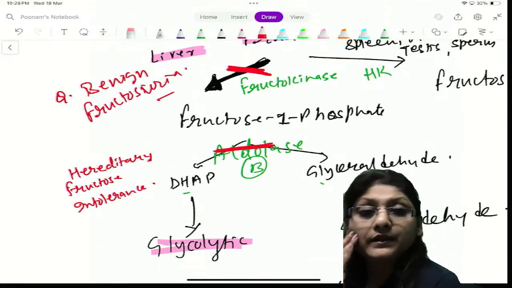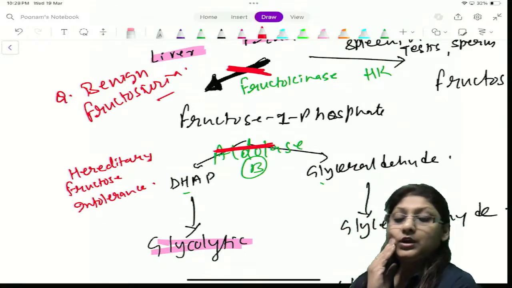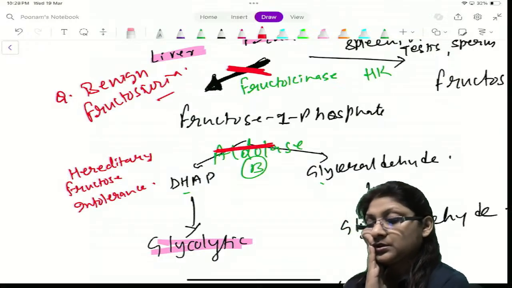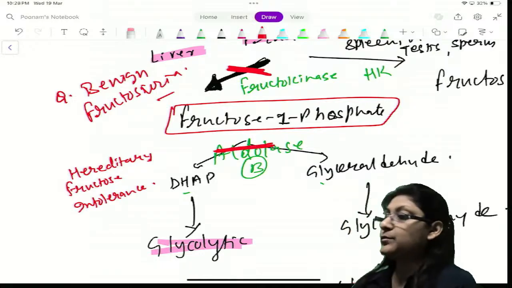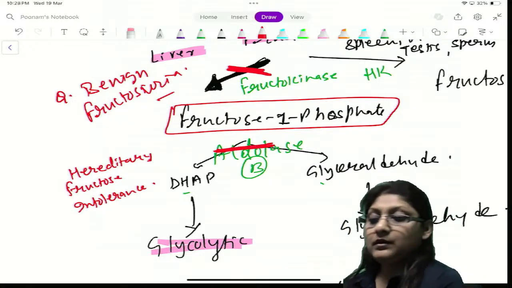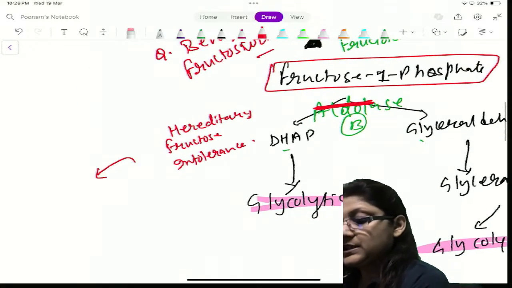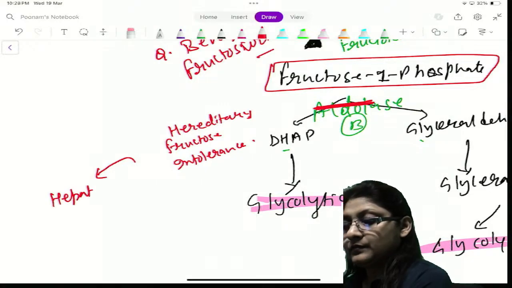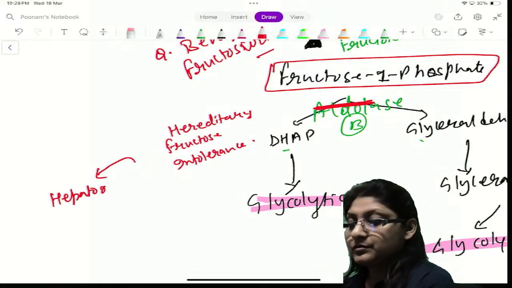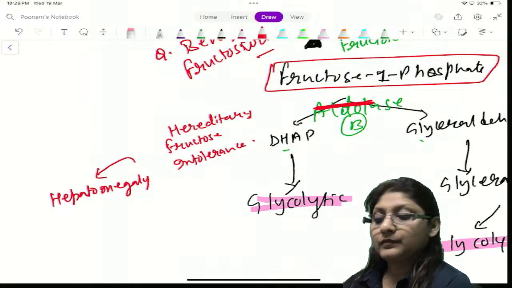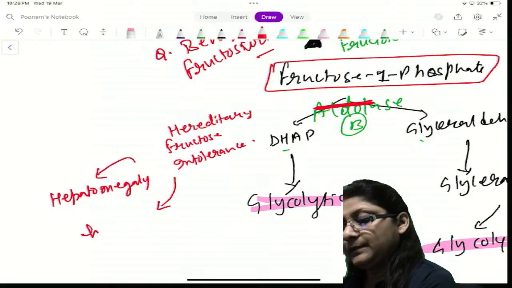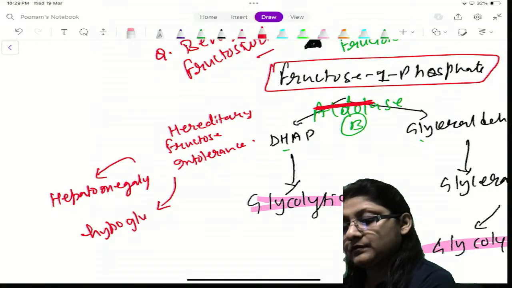Aldolase B deficiency, hereditary fructose intolerance, where this fructose 1-phosphate is accumulating in the liver, enlarging the cell. Liver will be enlarged. Baby will have hepatomegaly. Baby will have hypoglycemia as well.